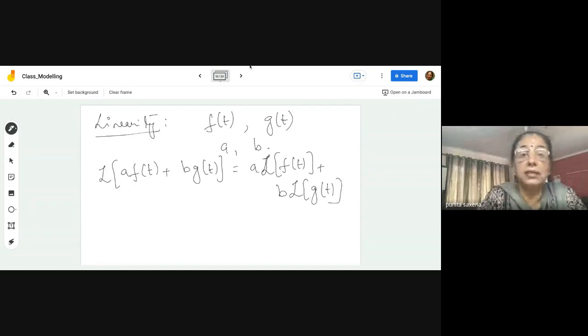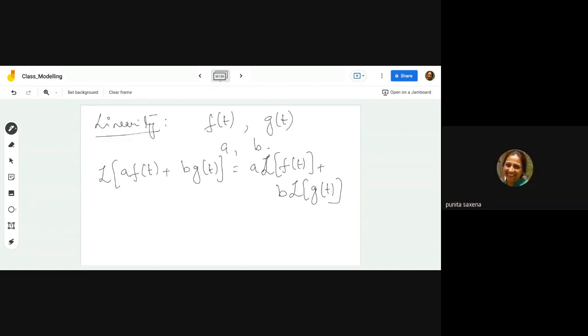And it is this result that is actually going to be used while converting the whole differential equation into an algebraic equation, because a differential equation will not just have one term, it will be a linear equation, right? So if I have a linear equation, then I have this linear property of the Laplace transform also.